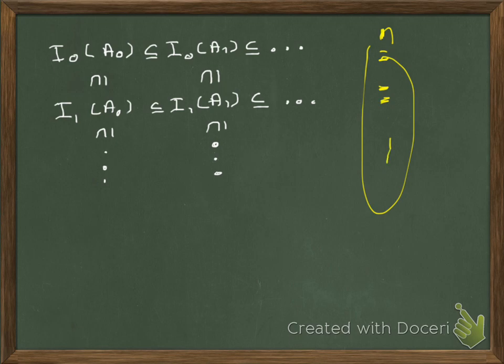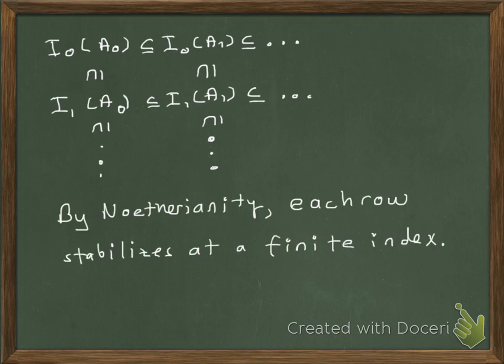Okay? So to do that, let's first apply Noetherianity to get a termination point for each of the rows.